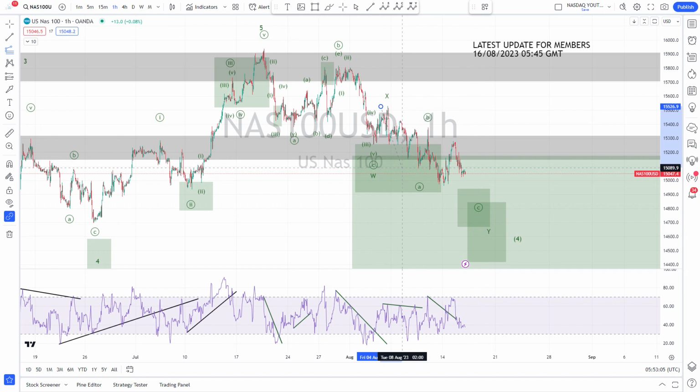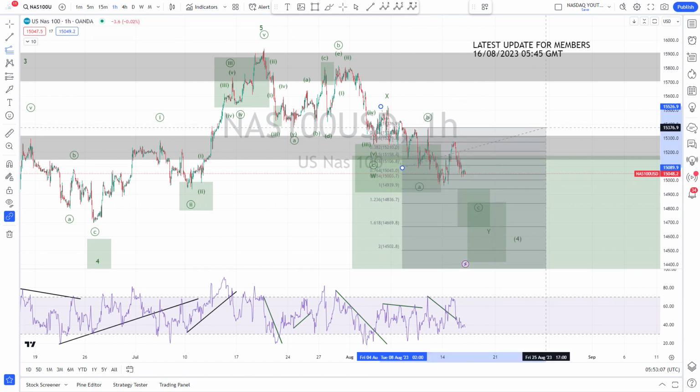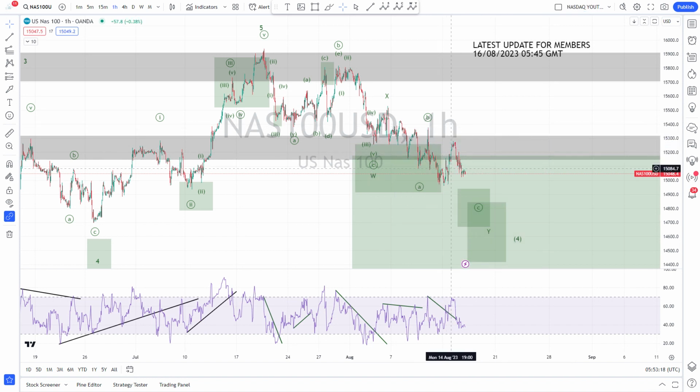We take the length of our wave A, we take the length of our wave B, then the area between the 1 and the 1.618 Fib extension is the area where our wave C should end. So we are approaching these areas. These are the areas from where I would like to go long.